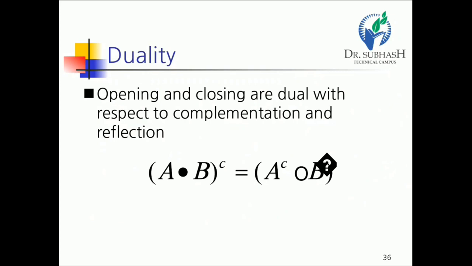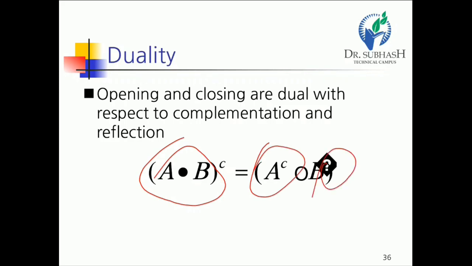The duality is represented with the complement of A and the reflection of B. This one is the opening and this one is the closing, equivalent conversions. So opening and closing are dual with respect to complements and reflections.